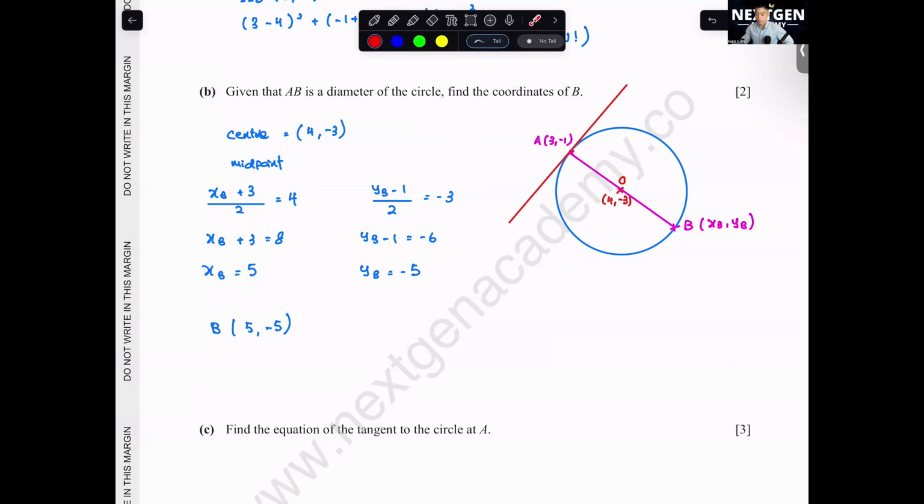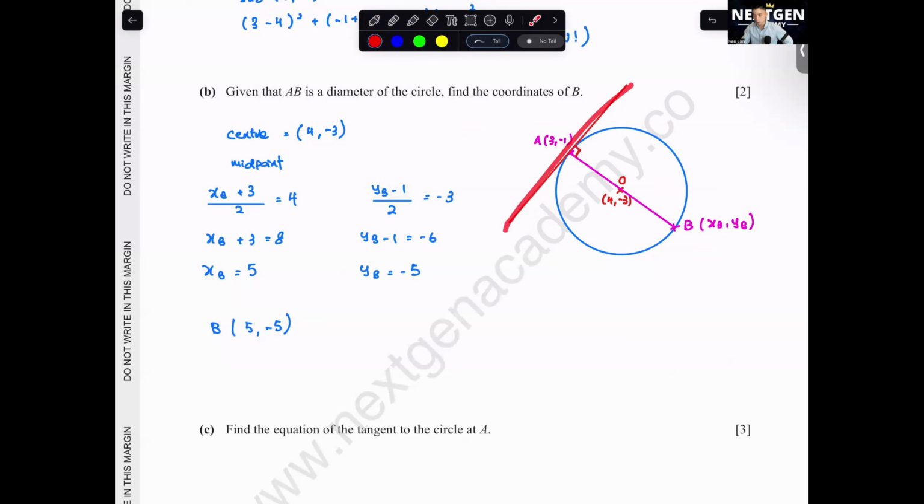According to one of the circle theorems, the tangent to the radius or diameter will form a 90 degree angle, right? So what do we need to do? There are two things. We need the point, and we already got the point. Now we need to find the gradient of this tangent.